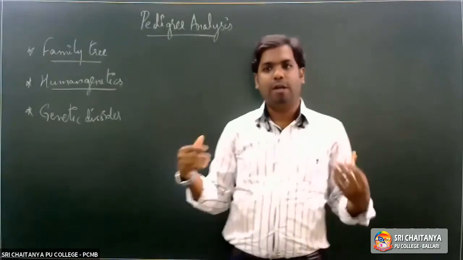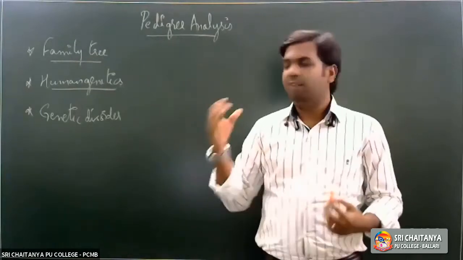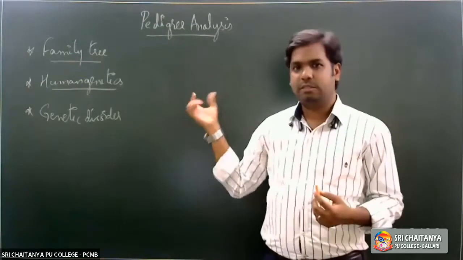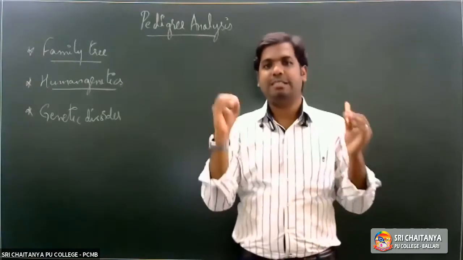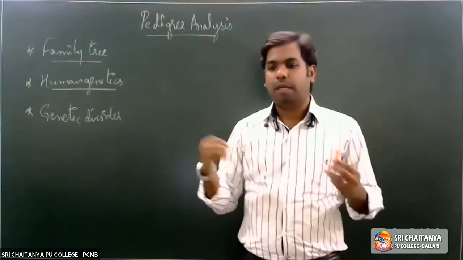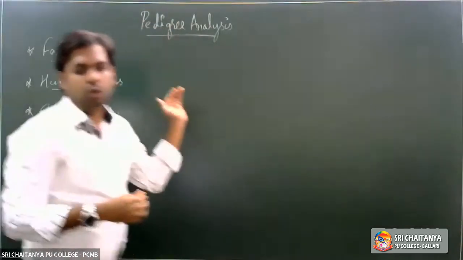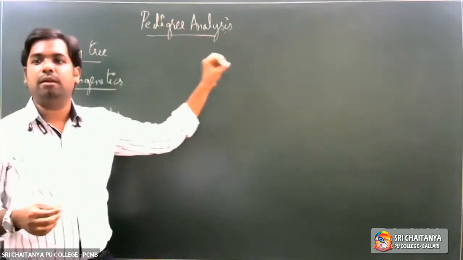Before we put in the pedigree chart, whenever we talk about pedigree analysis, we actually use certain symbols. We always start the pedigree chart by using certain symbols, right? We actually cannot use the name of a particular individual.